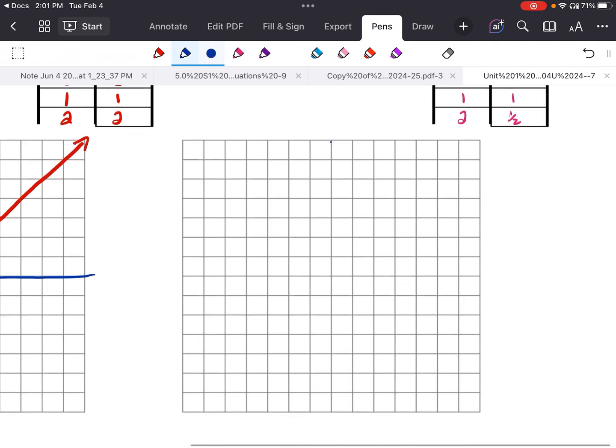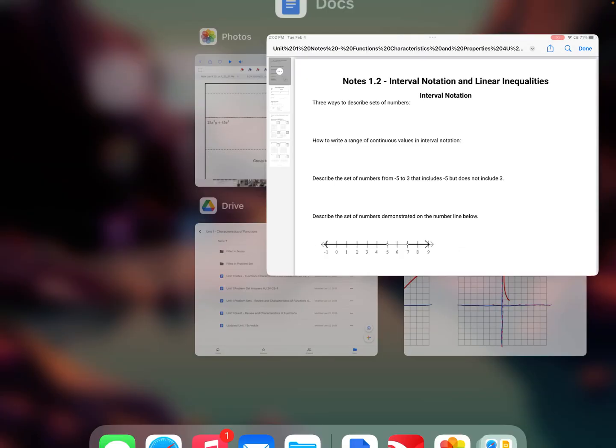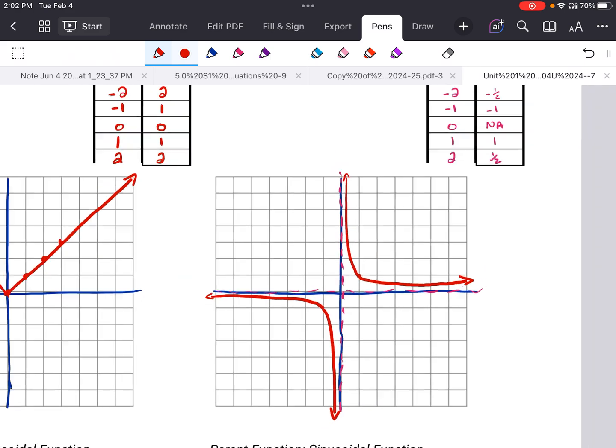So this is the one where we have asymptotes, at x equals 0 and y equals 0.